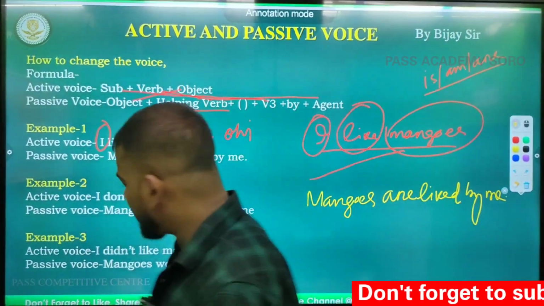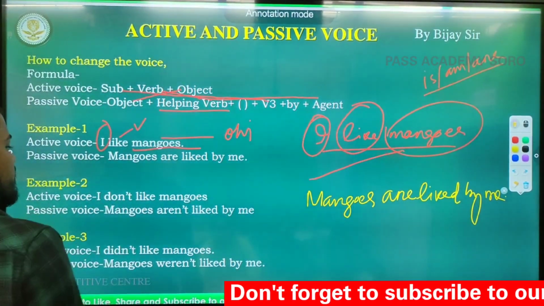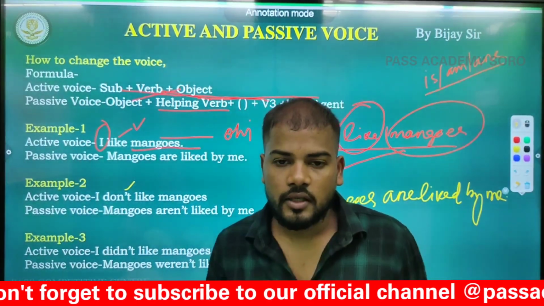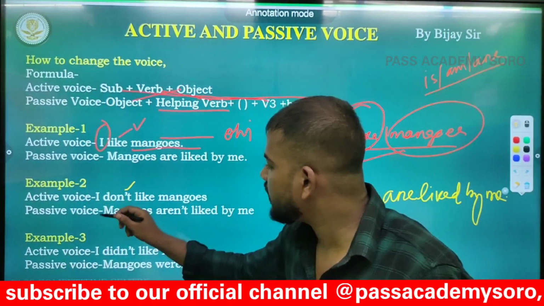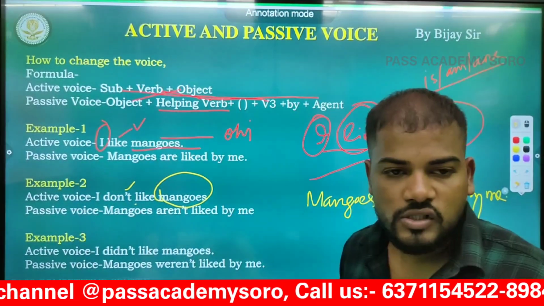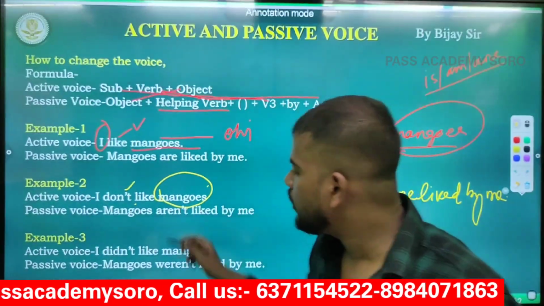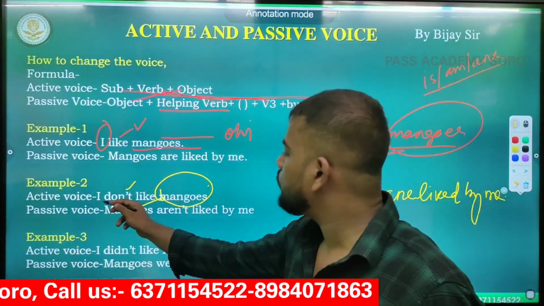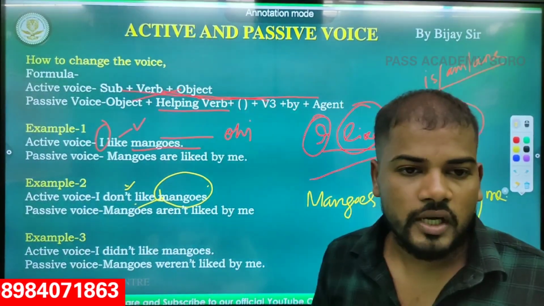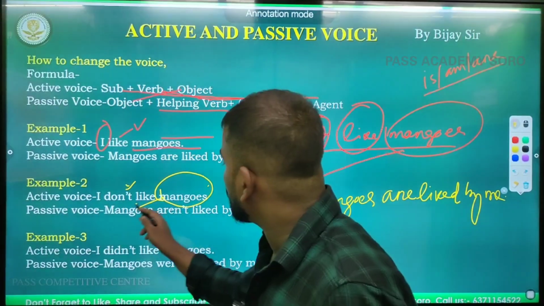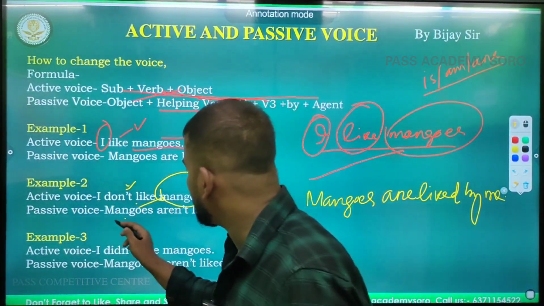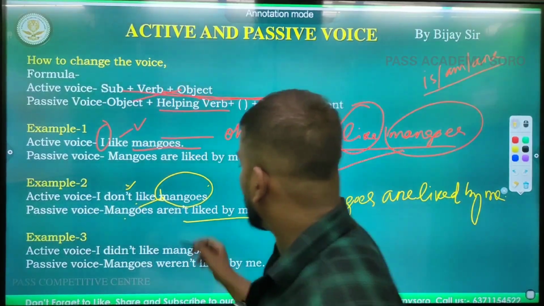Then look at example 2, active voice. I don't like mangoes. It is in negative form, and mangoes is plural. It is in present simple, but negative. So mangoes aren't liked by me.